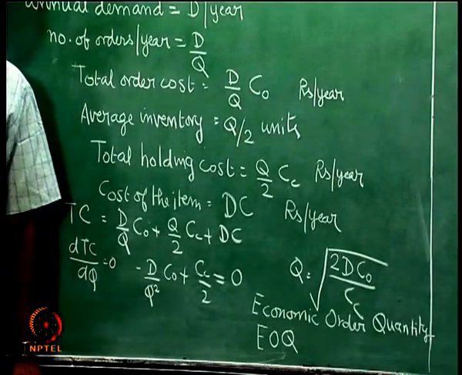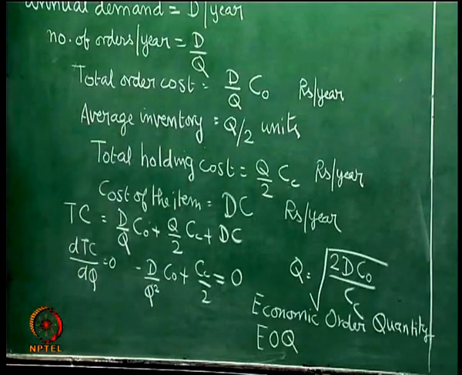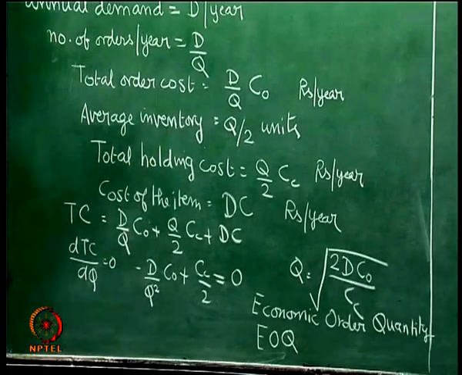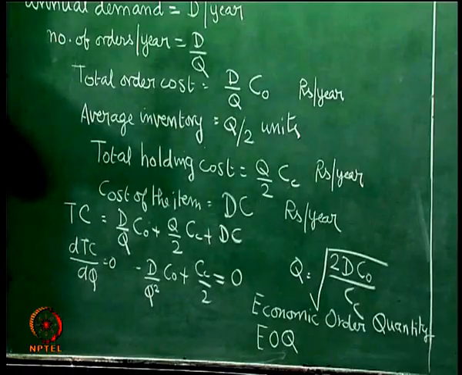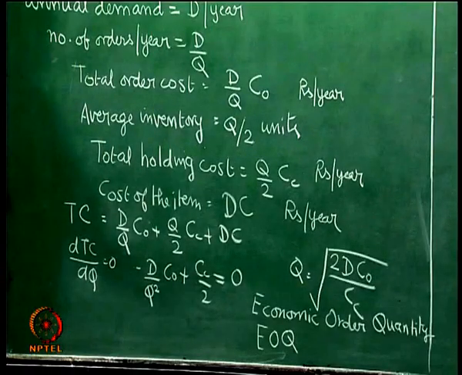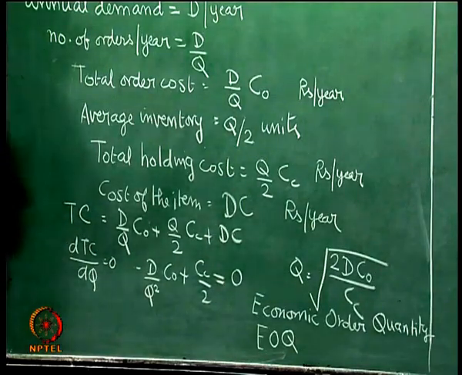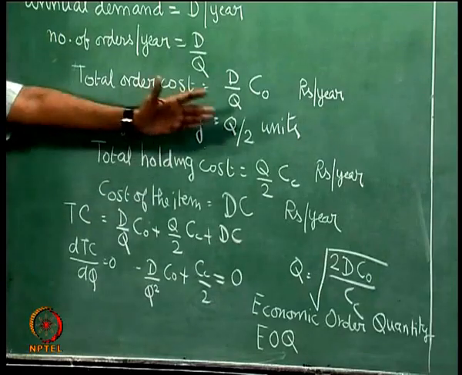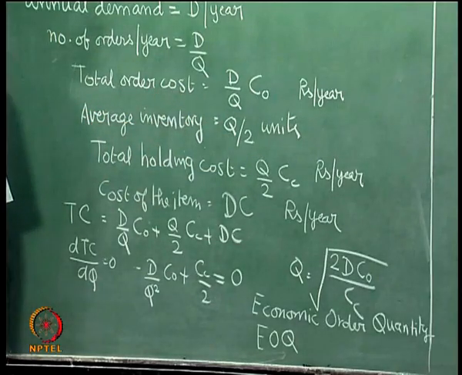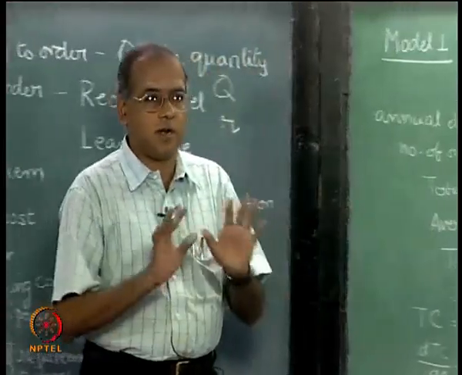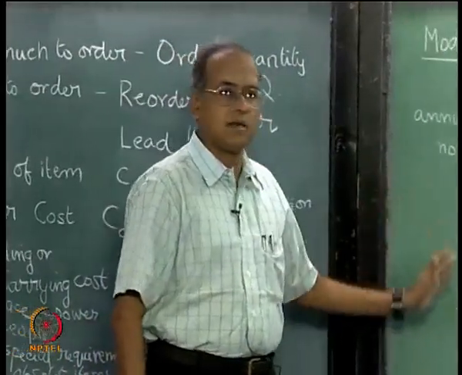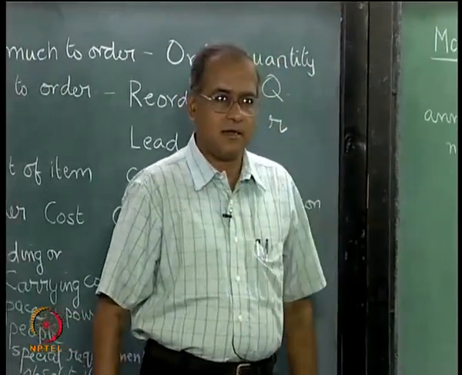So it is customary to leave out the item cost and derive q simply by considering the order cost and the carrying cost alone, because the item cost, being a constant, is not going to contribute to the derivation of the economic order quantity. So there are only 2 costs which are optimized, the order cost and the carrying cost.